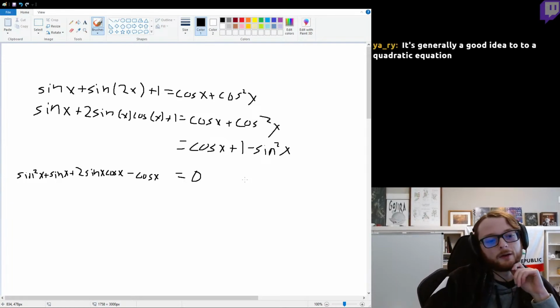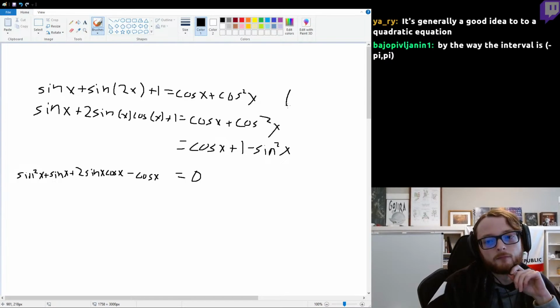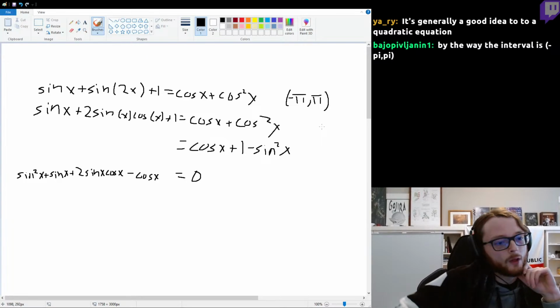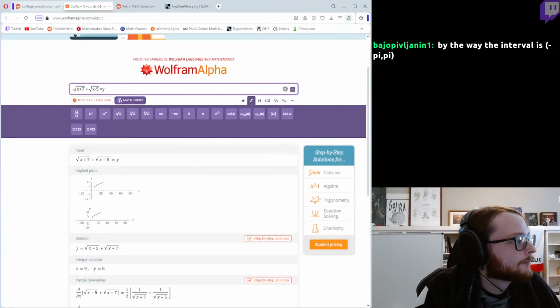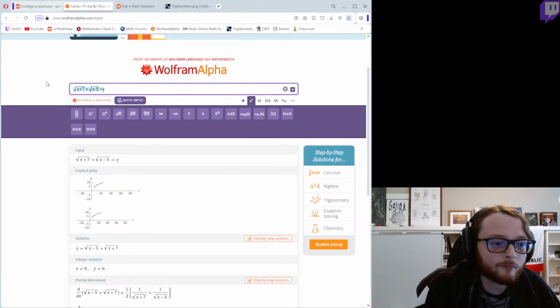From minus pi to pi? Let's see what Wolfram Alpha has to say about this problem. What's the problem?